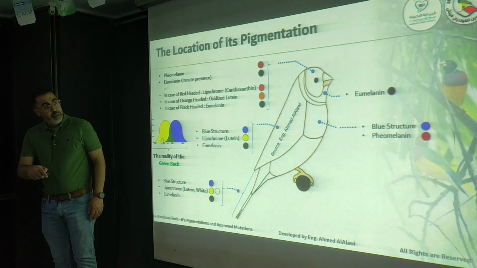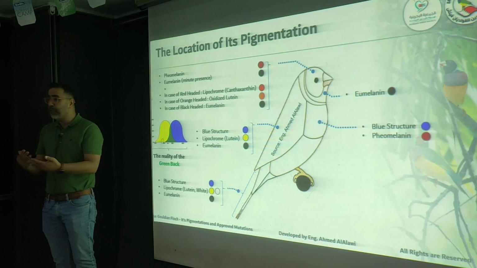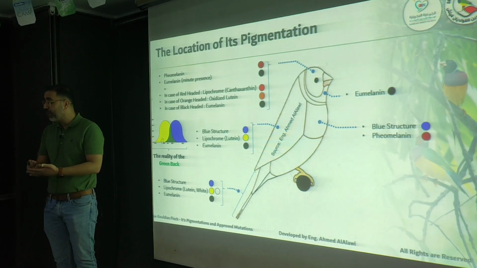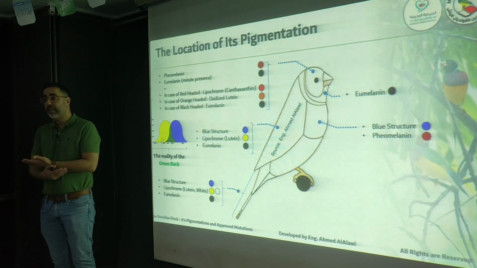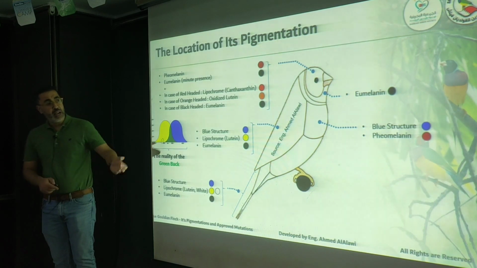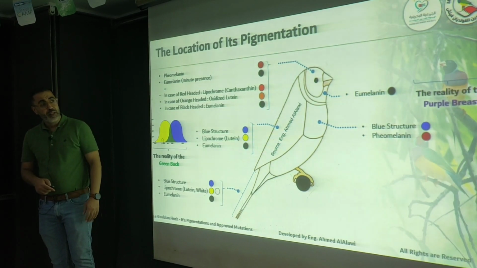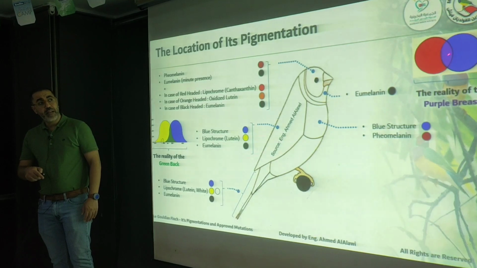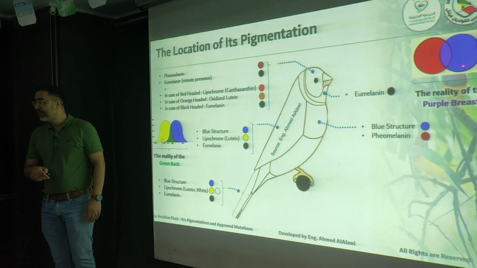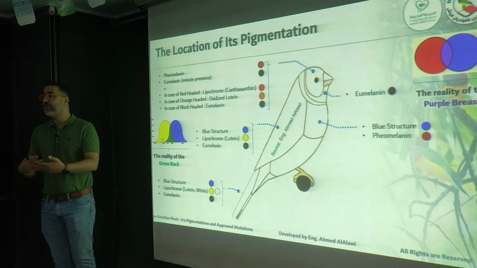The breast itself is a combination of the blue structural feather with pheomelanin, right? That's the reality of the purple breast, a combination of the two.